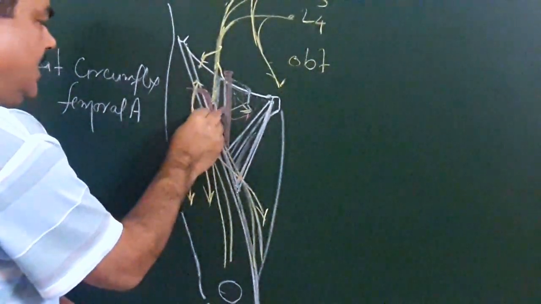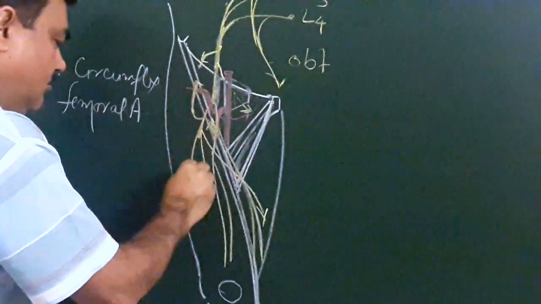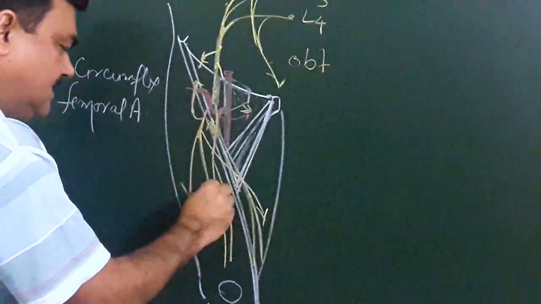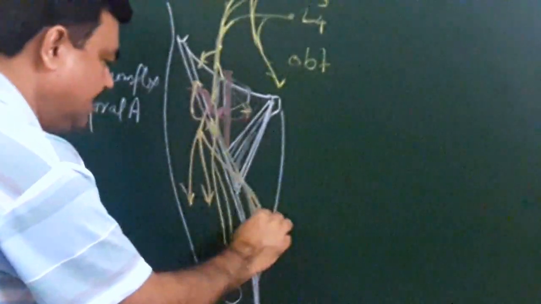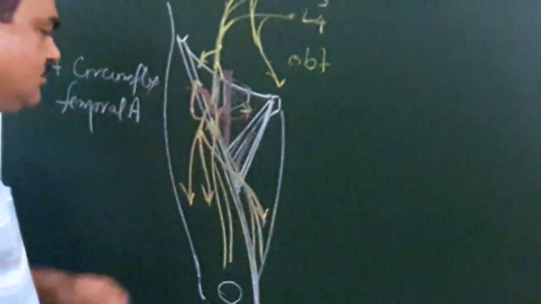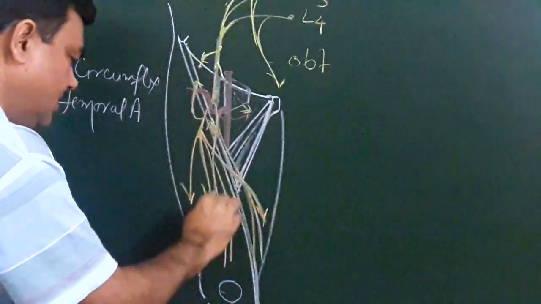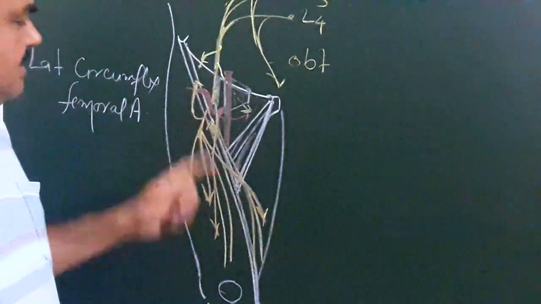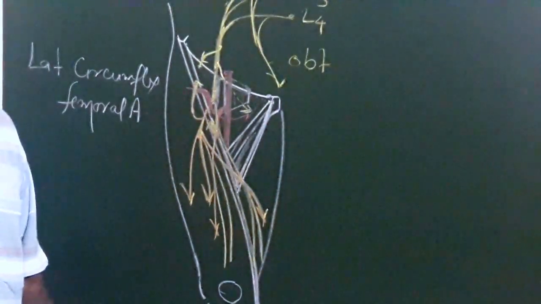And it also gives a branch to articularis genu. So this posterior division gives all these muscular branches.